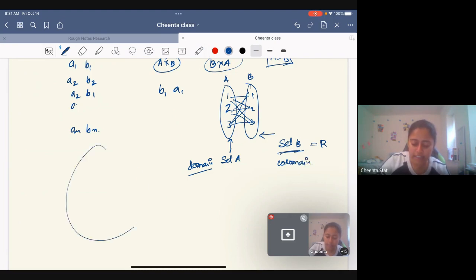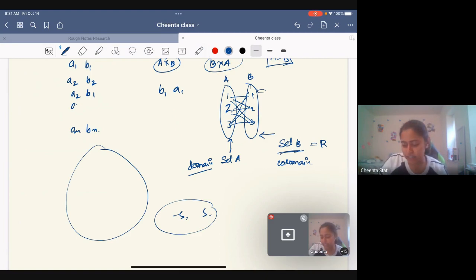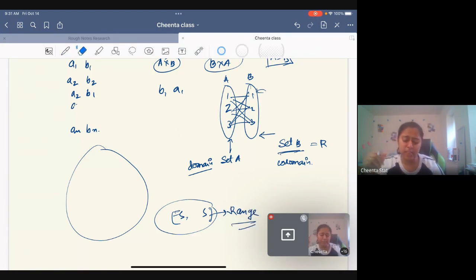Like that is a bigger set, okay. But in these relations, probably B is restricted to say some -5 to +5, okay. But still it belongs to the R, but not the entire R set. So this thing we call range. This is pretty much similar for relations and functions as well.